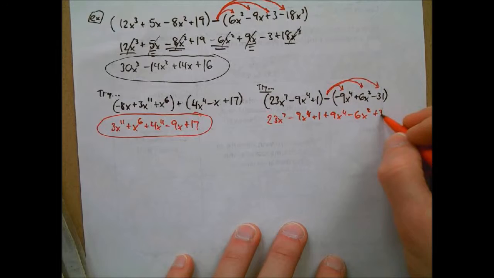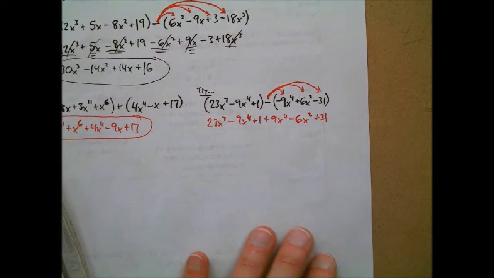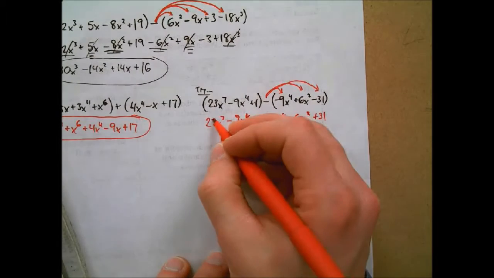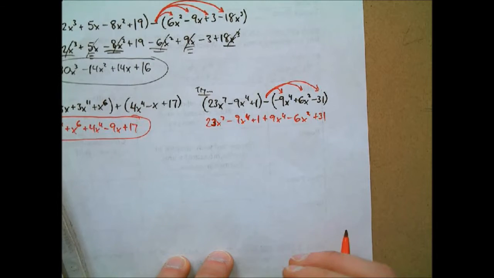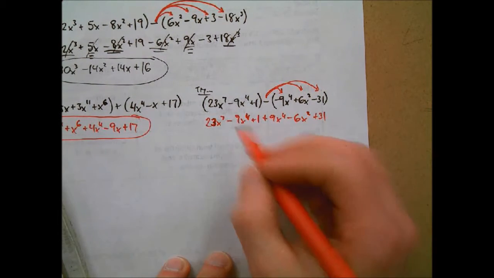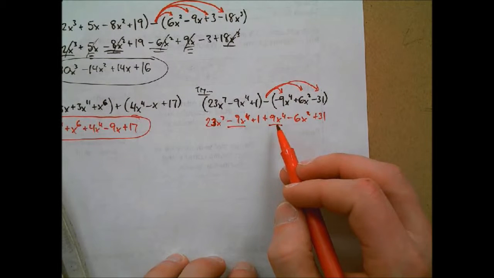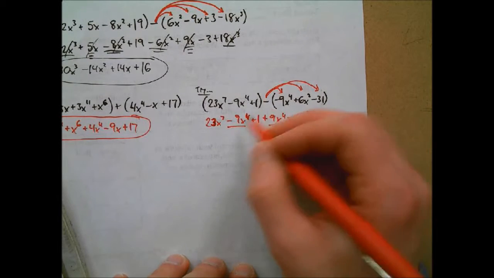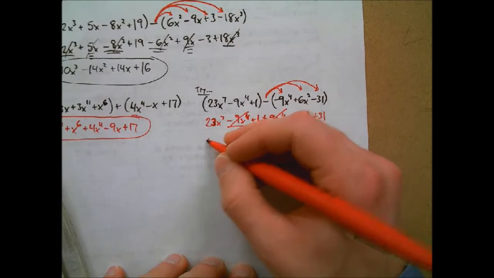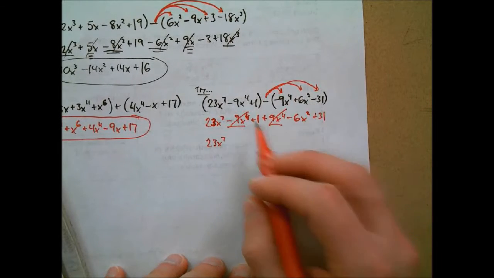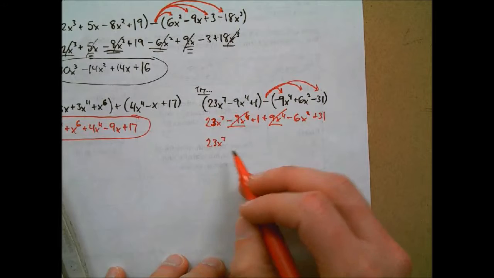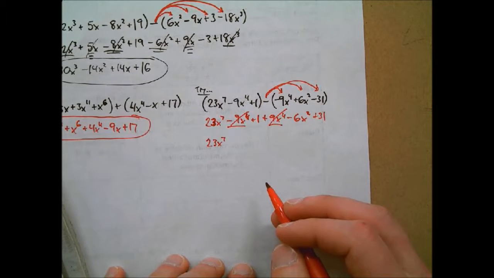Okay, Brandon, what are our like terms here? Yeah, we have a negative 9x to the 4th and a positive 9x to the 4th, so they cancel. All right, so let's bring down that 23x to the 7th. What will be the next highest power to work with after the 4s? The 7s.